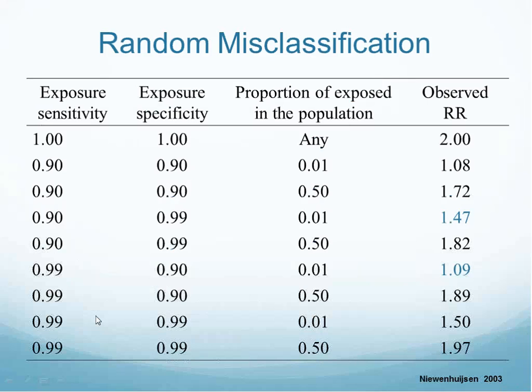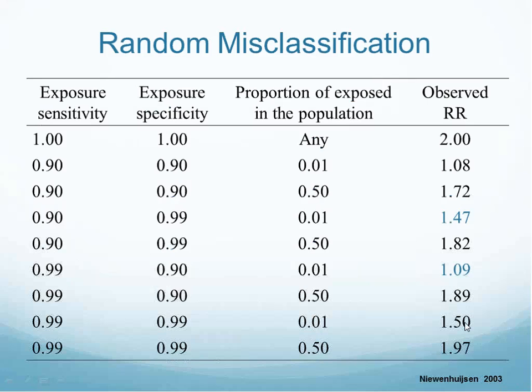And just a quick example here is that random misclassification or random error can really hinder your ability to see a true effect. So here this is a scenario that was run in a study. The relative risk was 2, truly, and then sensitivity and specificity for that yes or no exposure variable was tinkered with a little bit.